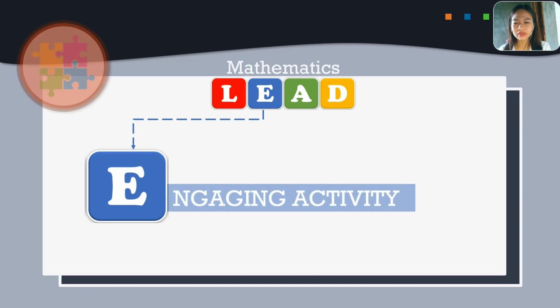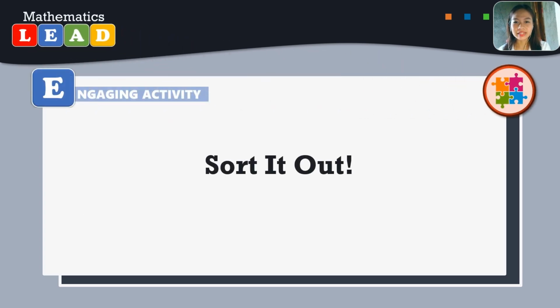Before we proceed with our discussion for today, let's first have a motivational activity. Are you ready? That's good to hear. This activity is called Sort It Out. In this activity, you need to find how many different ways a displayed object can be arranged.